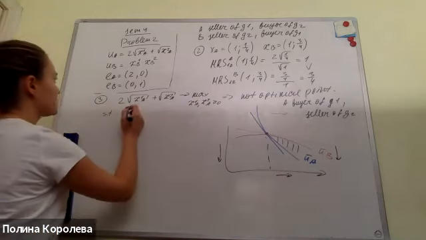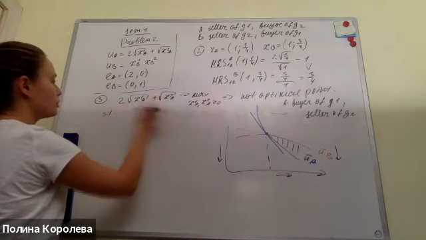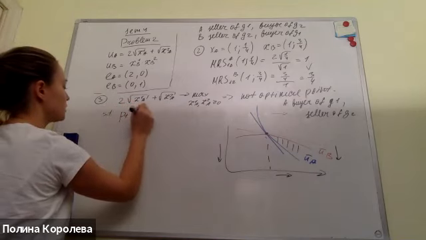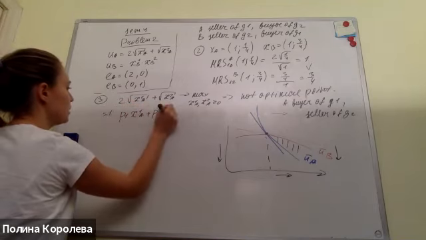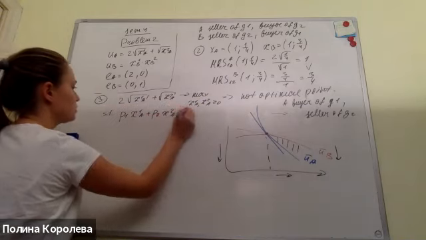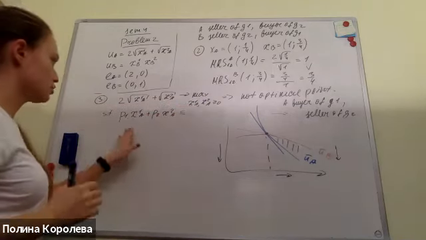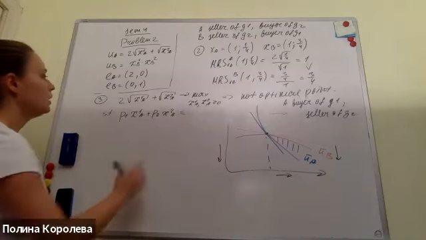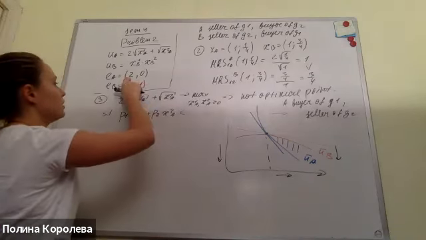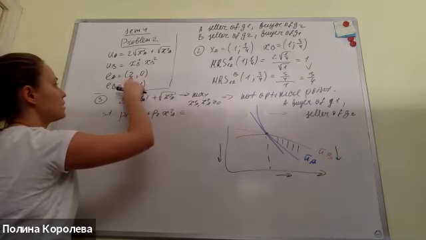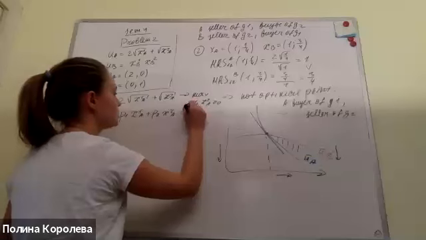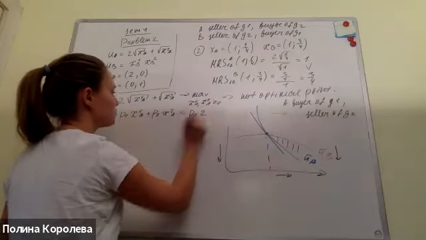So expenses for consuming both goods multiplied by prices, P1 x1a plus P2 x2a, should be less or equal to income in money terms. So we have in natural terms, individual A has only 2 units of first good. So in money terms, this will be P1 multiplied by 2.